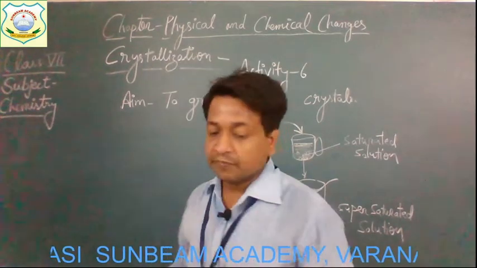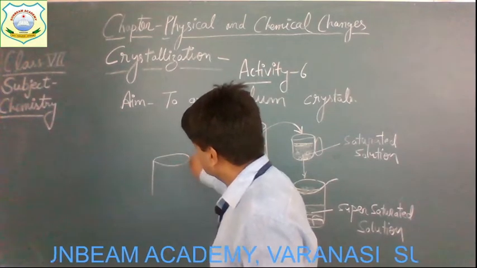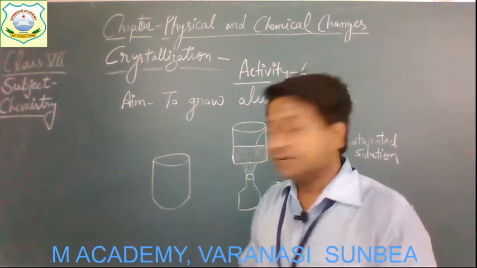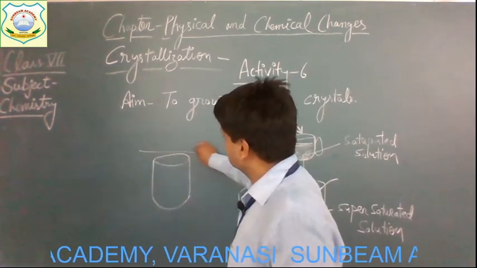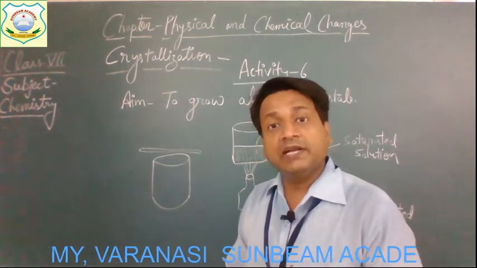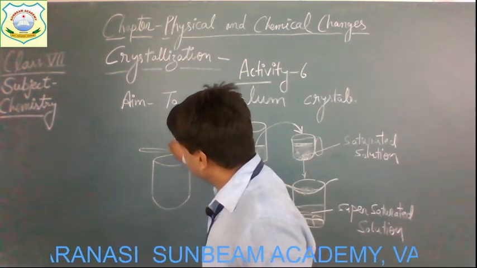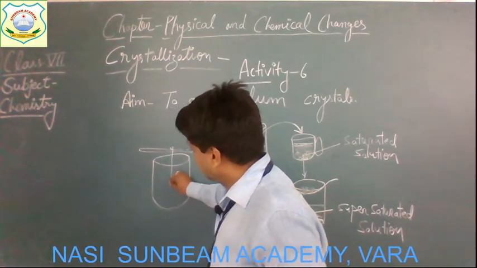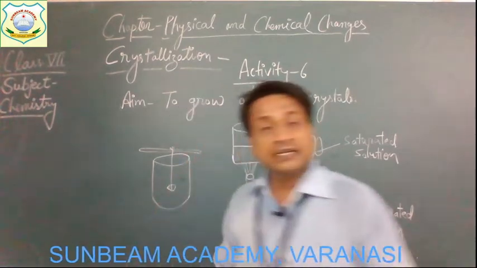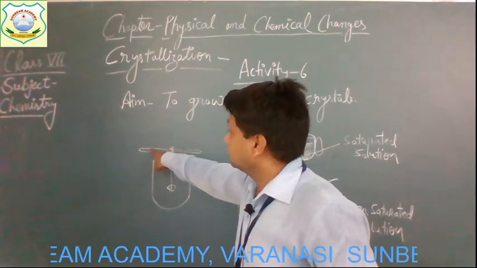We will just simply take another beaker and a stick. Okay, and we will tie that thread here in the middle, and at the other end we have tied the crystal of alum. This is the crystal of alum and this one is the stick.